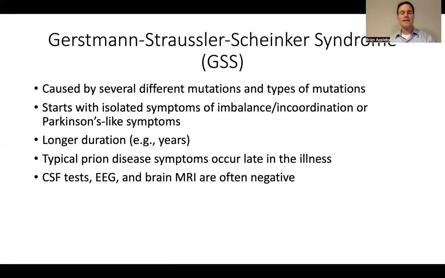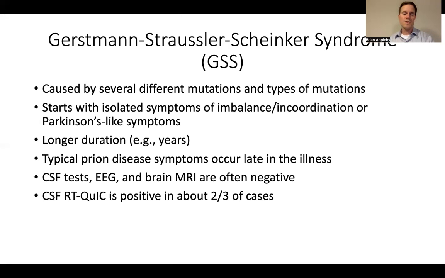And a lot of the diagnostic tests that we use to diagnose sporadic CJD will be negative in GSS. So that includes looking at the brain waves and the brain MRI, and we generally don't find suggestive patterns that we would see in other prion diseases.